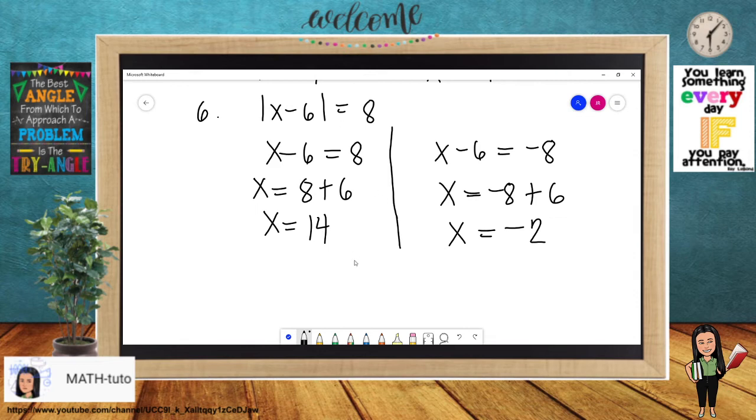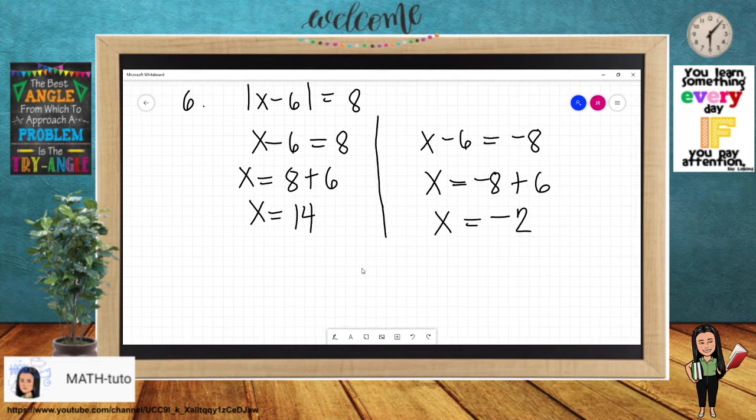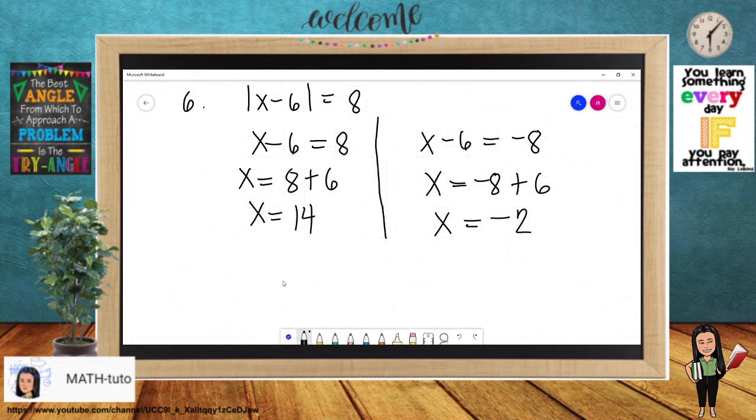Sige, we can check. If you are not sure whether your answer is right or wrong, we can check. Lagyan natin ng check. Dito, if we use 14, we have 14 minus 6, absolute value, is it equal to 8? So this is absolute value of 8. Is it equal to 8? Of course, it's equal to 8. So 14 is correct.